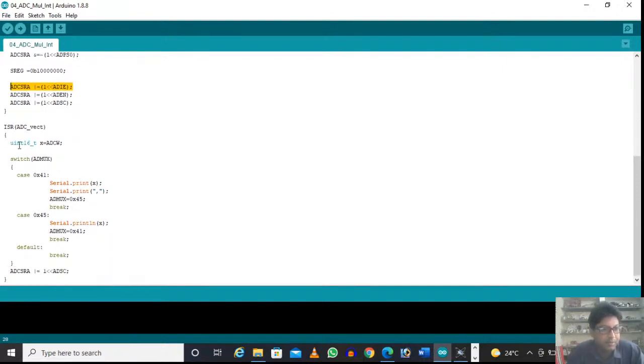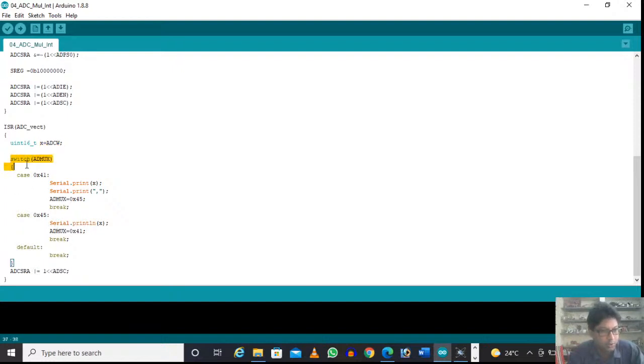Now here I am writing one service routine. ISR means interrupt service routine, and this is the vector for the ADC interrupt. Here I am defining one variable where the ADC word will be stored, and I am using the switch case statement.